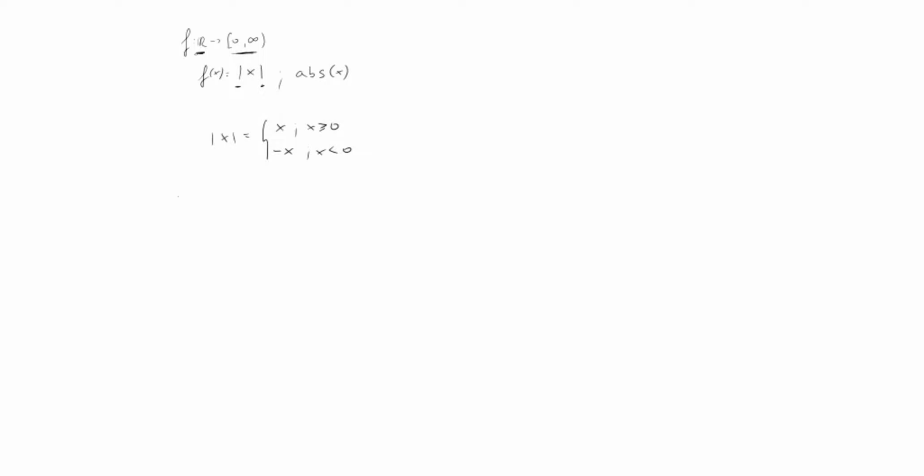Okay, let's see a few examples. If the value of x is 0, then the absolute value of x is the absolute value of 0, which is 0. Okay, if x equals 5, for example, then the absolute value of x is the absolute value of 5, which is 5.